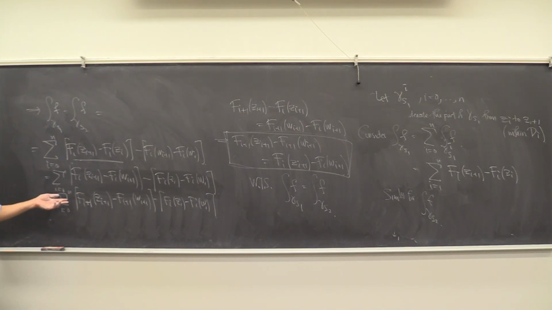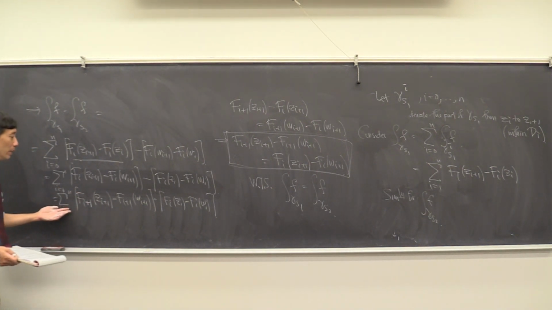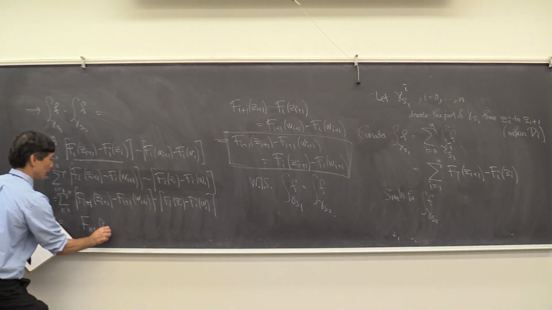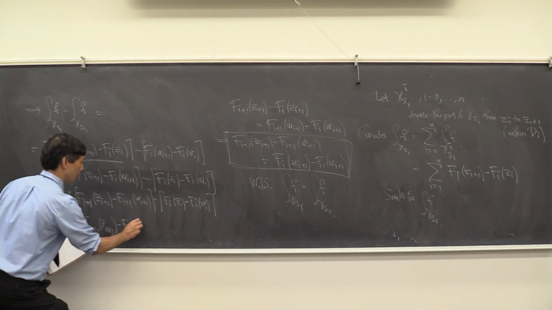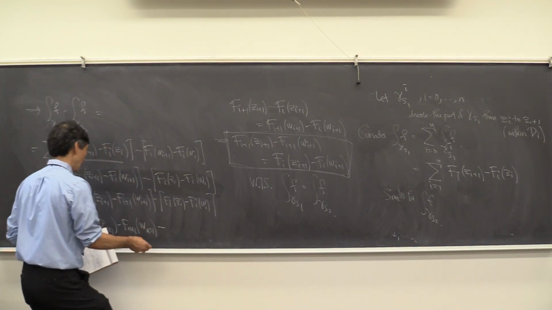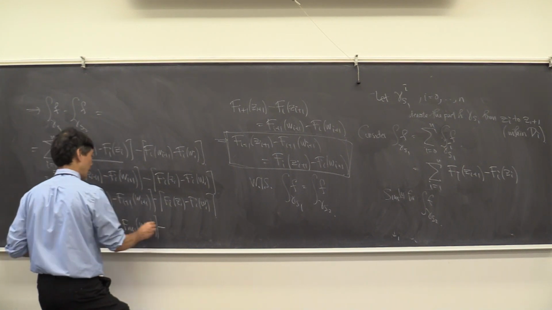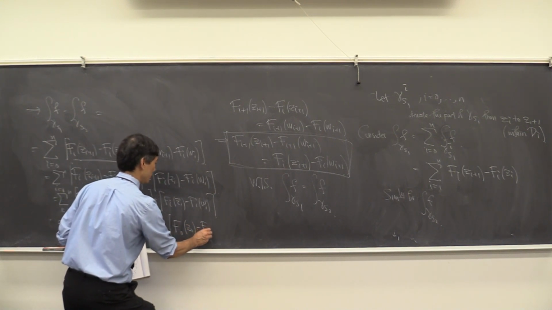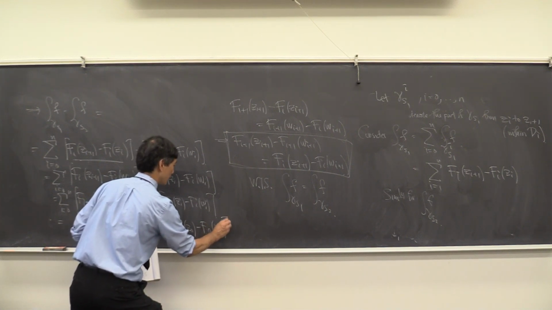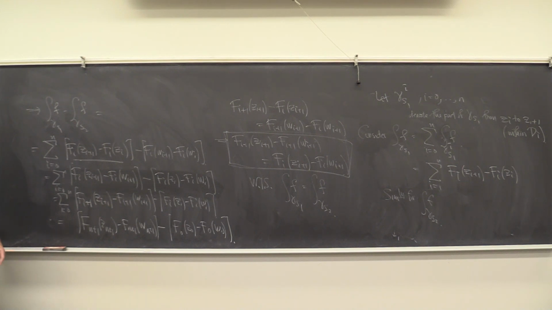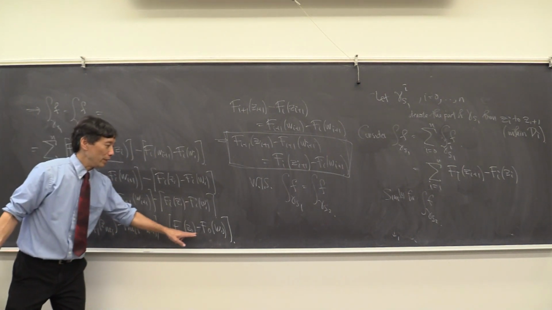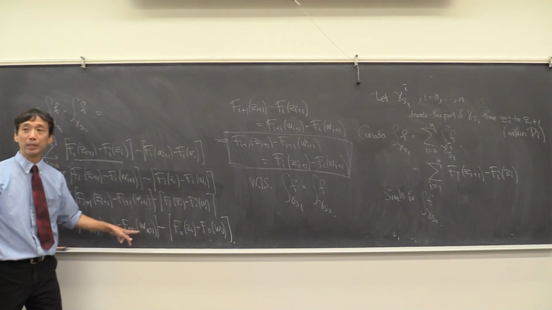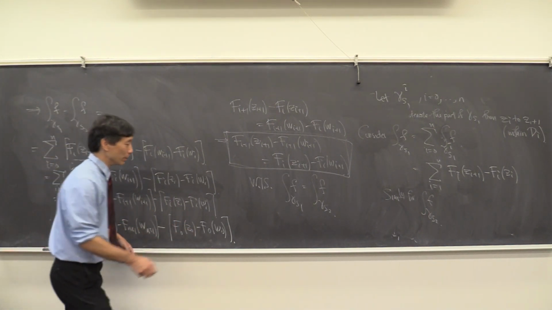We have a telescoping series, and so we only end up with the top term, f sub n plus 1 at z sub n plus 1 minus f sub n plus 1 at w sub n plus 1, minus the bottom terms, f sub 0 at z sub 0 minus f sub 0 at w sub 0. But z sub 0 and w sub 0 were the same point, alpha, and z sub n plus 1 and w sub n plus 1 were the same point, the terminal point, and so we get 0.